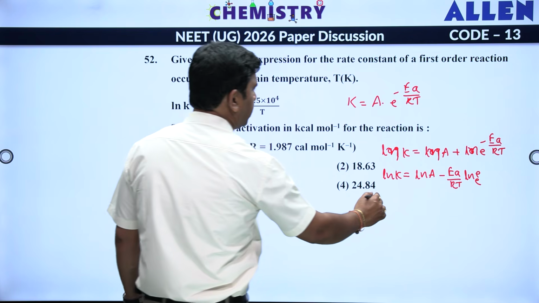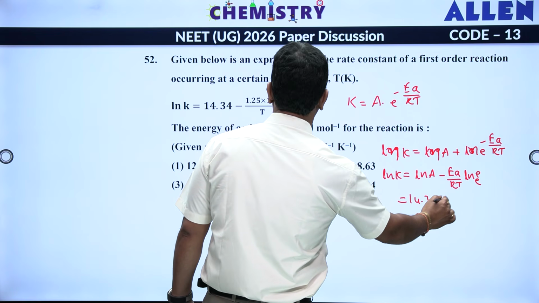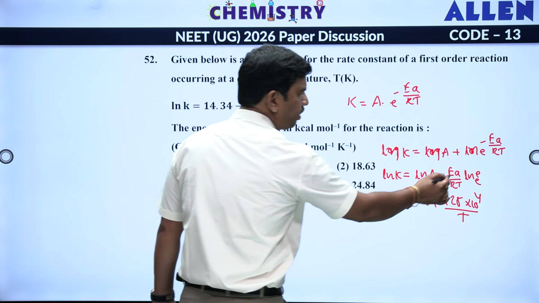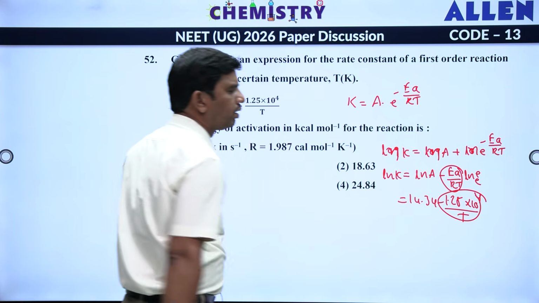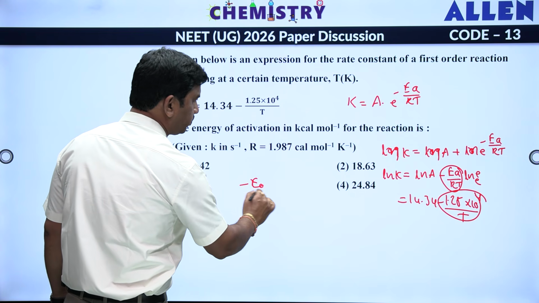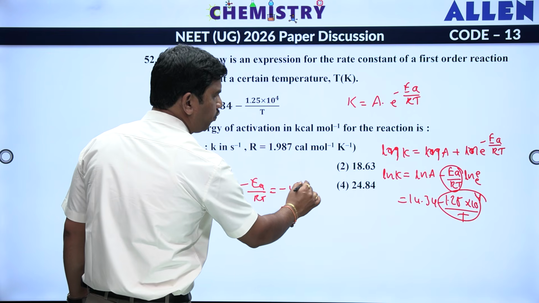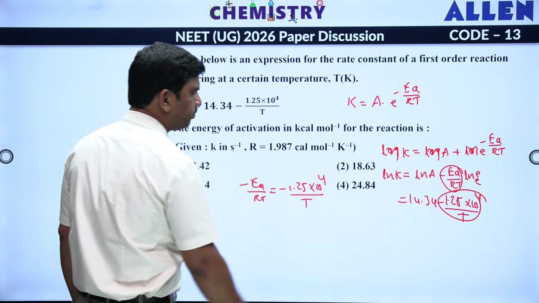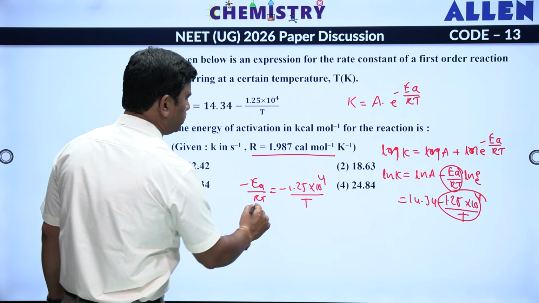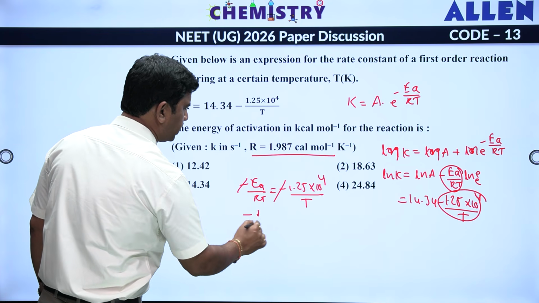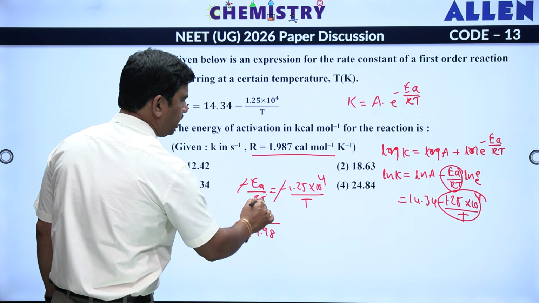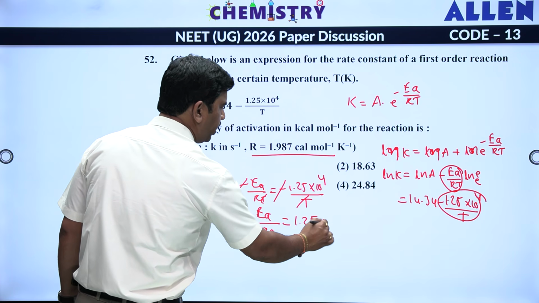So here they gave ln k equals 14.34 minus 1.25 into 10 power 4 divided by T. That means we can equate this value with this: minus Ea by RT equals minus 1.25 into 10 power 4 divided by T. The R value they mentioned in calories, so the minus cancels, 1.98 and T will get cancelled, which equals 1.25 into 10 power 4.